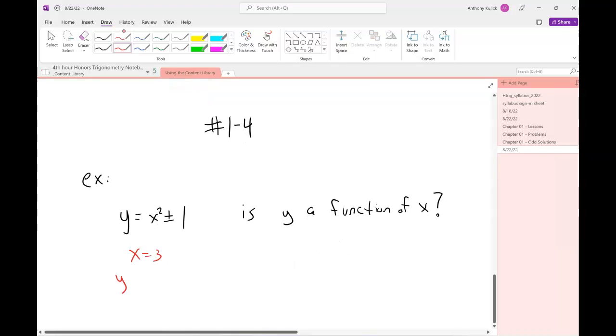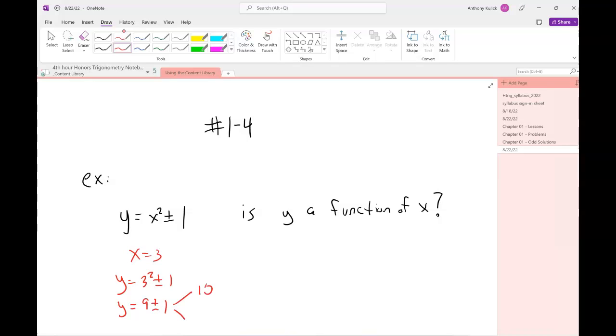So when I plug 3 in for x, I get y equals 9 plus or minus 1. So 9 plus 1 is 10. 9 minus 1 is 8. So we're getting the points (3, 10) would be a point on my graph, and (3, 8) would be a point in my graph. Is that a function?